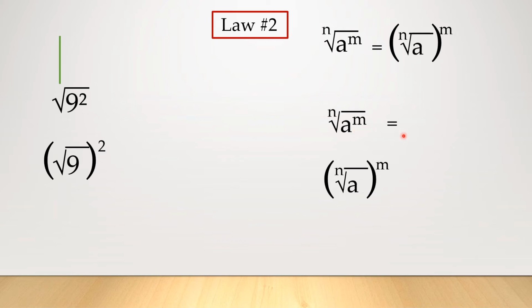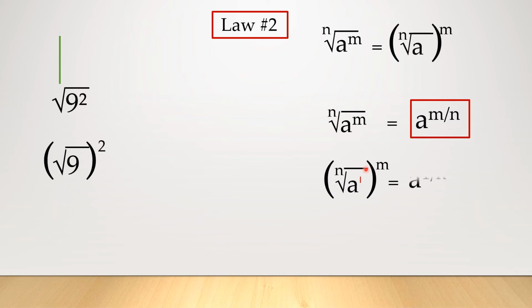Okay, so now I have the nth root of a raised to m. If I'm going to write this as an expression with rational exponent, that is a raised to m over n. Remember, this is the index and this is the exponent. What about this one? It means there is 1 here as exponent, right? So I can get first the expression in rational exponent, the one inside the parenthesis.